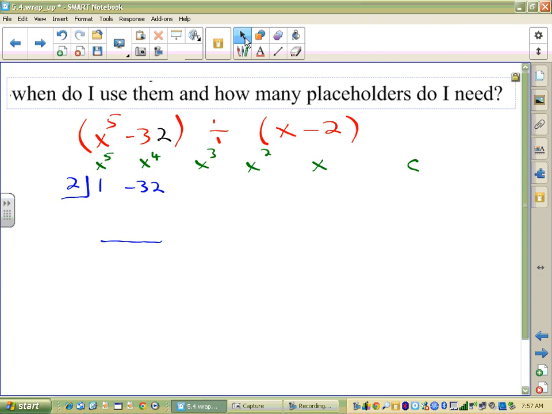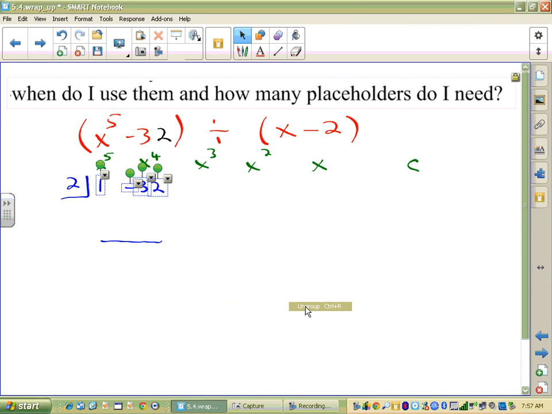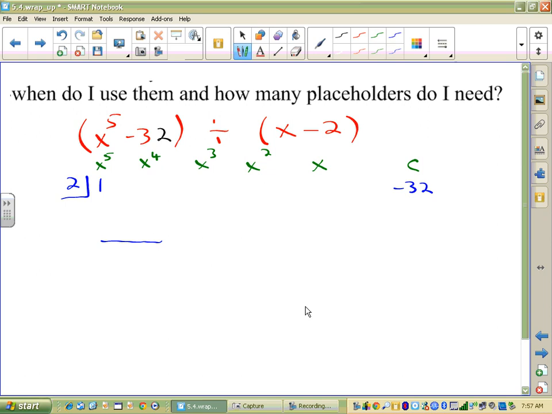So if we look at it that way, we'll realize quickly that negative 32's got to go way down the line, doesn't it? That negative 32 is our constant. Hey, wait, didn't we just learn that in 5.1? Constant and linear and quadratic and quartic. So everything that we talked about 2 weeks ago is coming back.